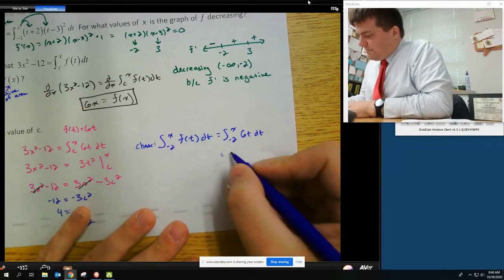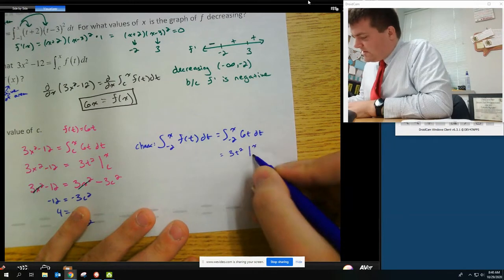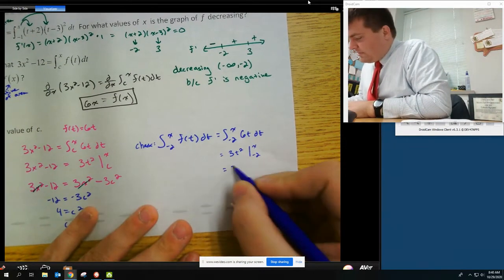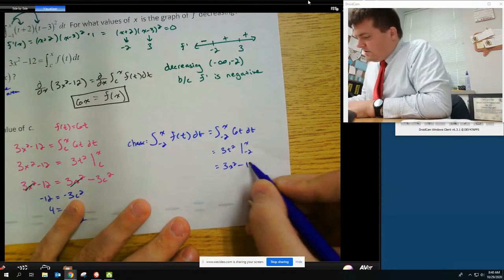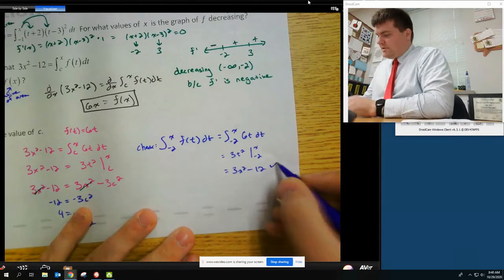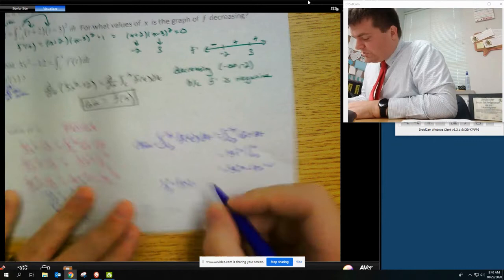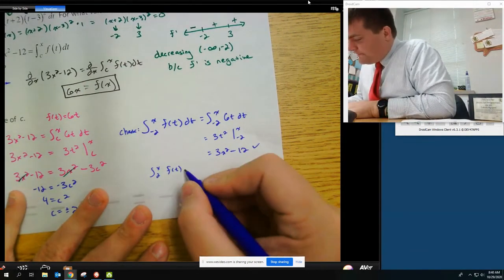This is going to give you 3t squared from negative 2 to x. And this is going to end up giving me 3x squared minus, plug in the negative 2, 12. So that works. And then you can do the same thing for 2. The negative one is the one that might have tripped us up a little bit.